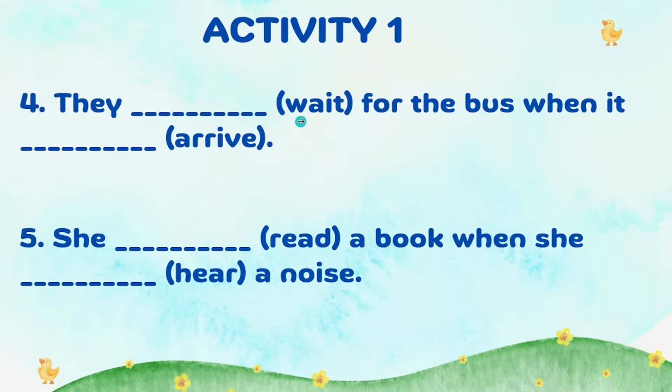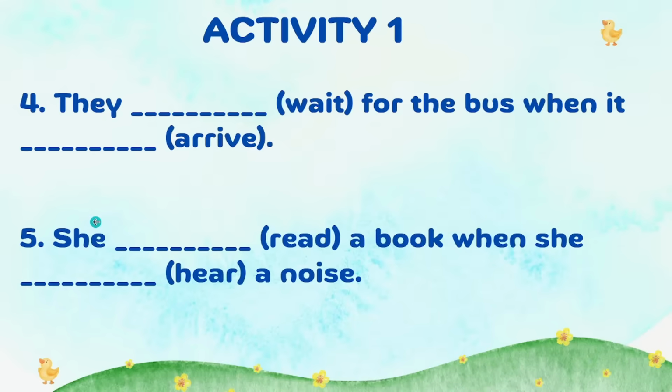They were waiting, add "ing," for the bus when it what? Arrived. You add the "ed" for the verb. Remember? They were waiting for the bus when it arrived. So here for she, what did I say?